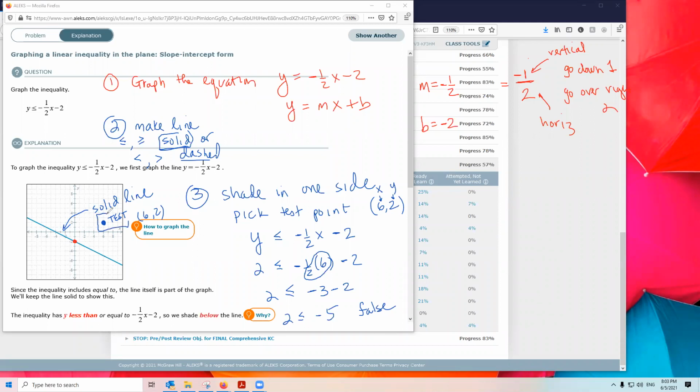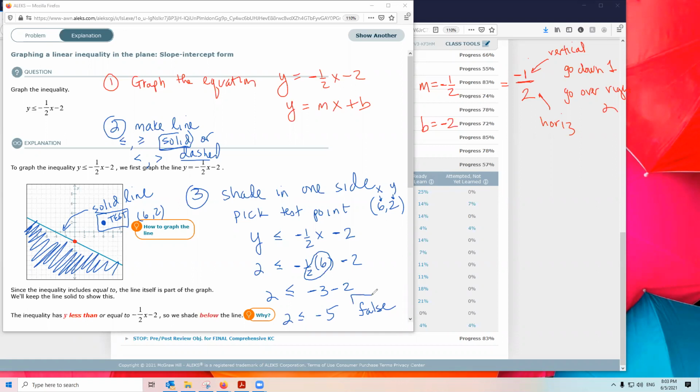Here's our test point. When the inequality is false, it's telling you to shade in the other side of the line that doesn't contain the test point. That means we want to shade in this bottom part of the line. Remember, if this inequality had been true, I'd be shading in the side of the line that contained the test point.